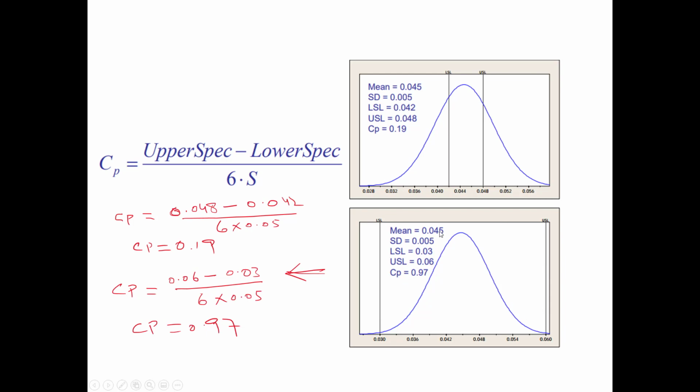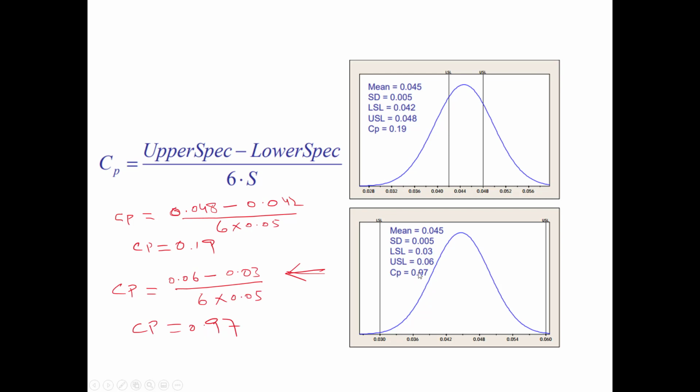The mean is the same, and the standard deviation of this and this is the same. But the upper specification limit and lower specification limit of this one are different from this one. So we can easily identify that most of the area is inside, so you can say that the process is capable. And how can you say this?